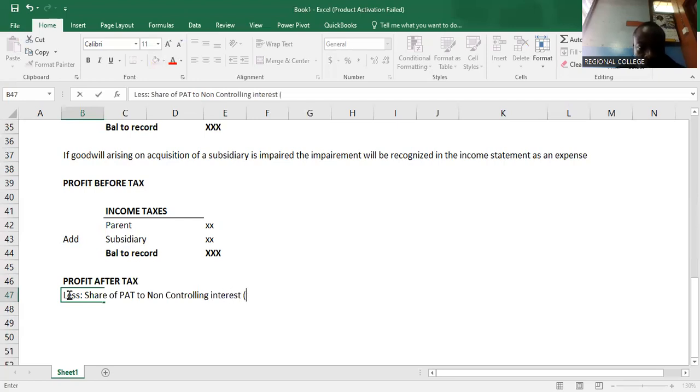We call it NCI. The NCI is based on the rate they remain with. If the parent acquires 80%, the subsidiary's owners remain with 20%, so the 20% will be their share. So that is the NCI to record in the income statement.